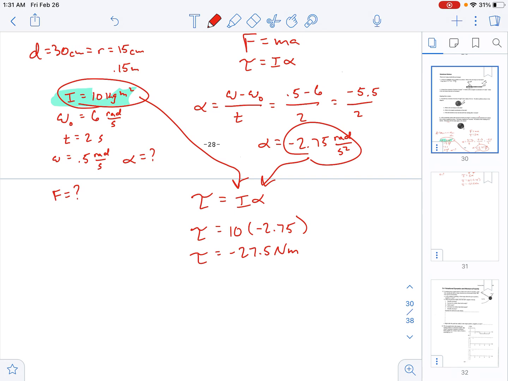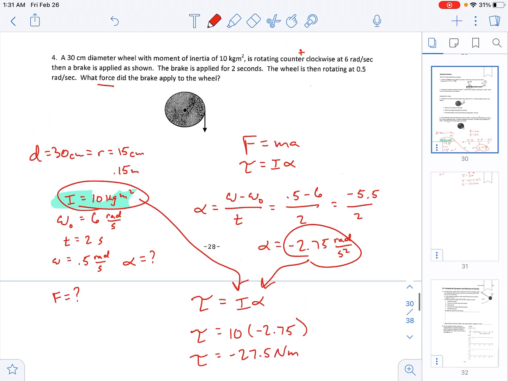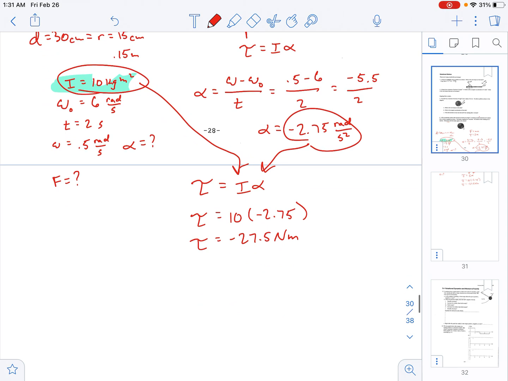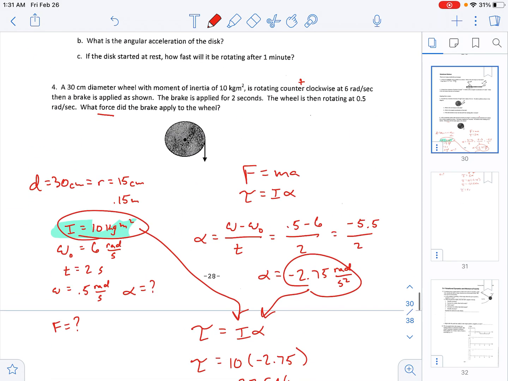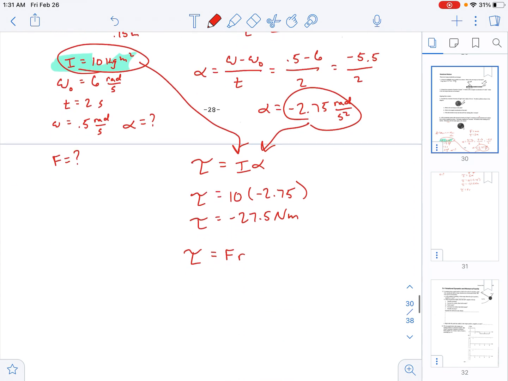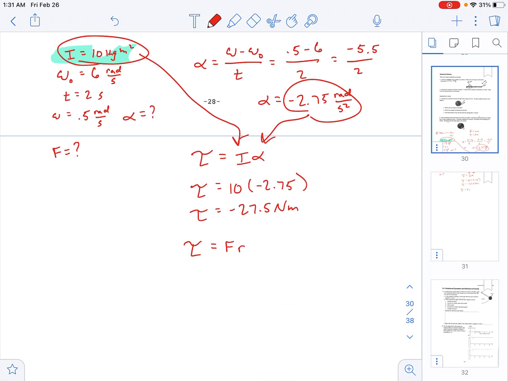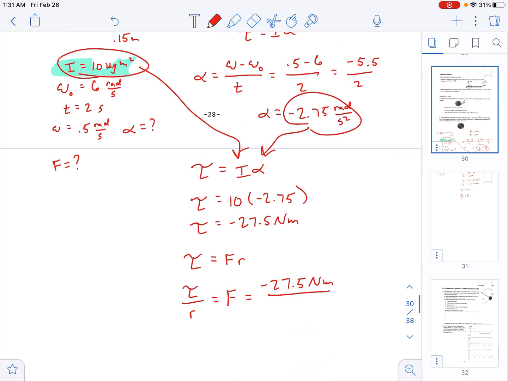Remember, what I'm actually looking for is my force, right? Force is my ultimate goal here. Well, I also know that torque is equal to force times my radial distance. With everything being perpendicular on here, I don't have to worry about any angles. So I'm going to take my torque and divide it by my radial distance, and that's going to be equal to my F, which is equal to my torque of negative 27.5 Newton meters, divided by my radial distance of 0.15 meters.